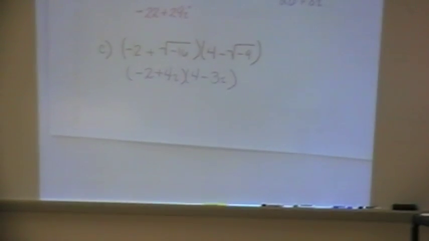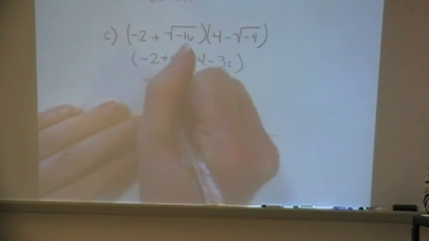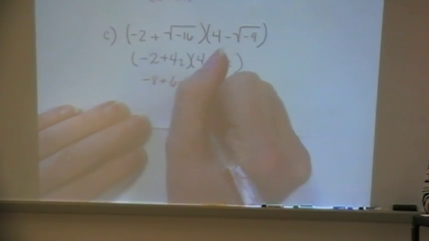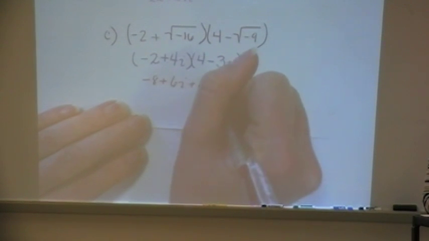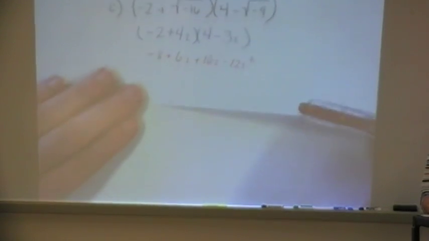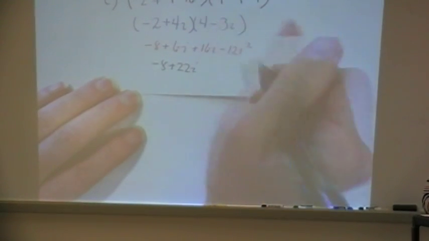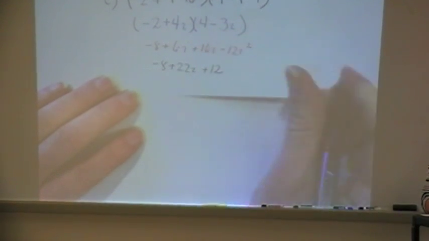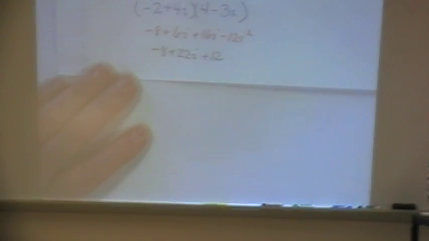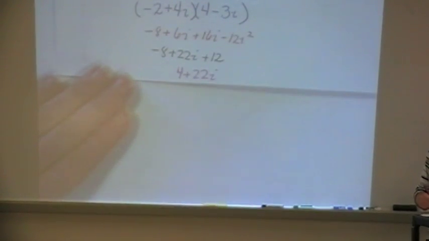Once you've done that, it's just a regular multiplication problem, just like the ones we just did. So I ended up with 4 plus 22i.